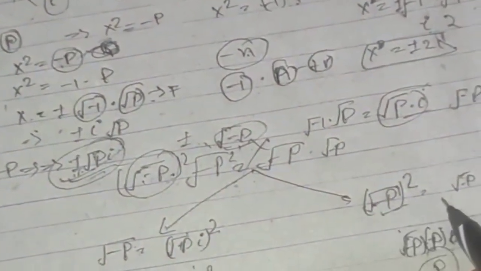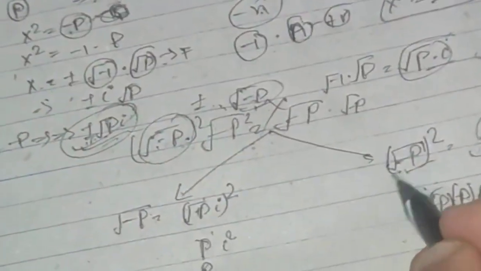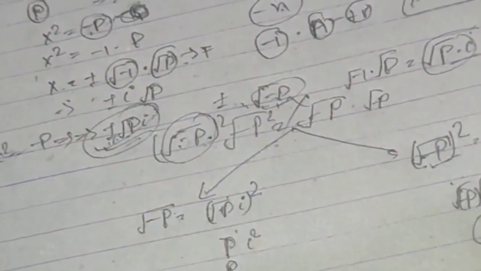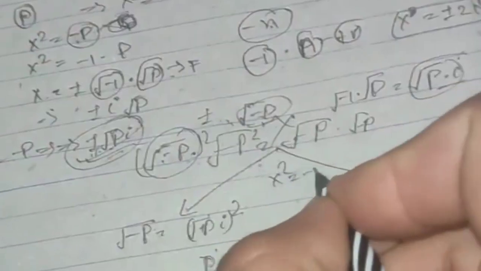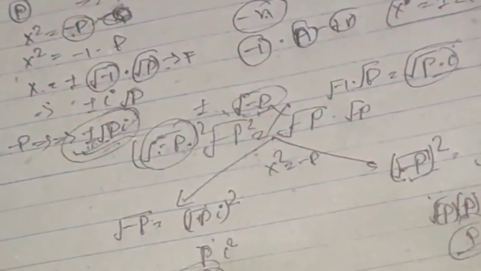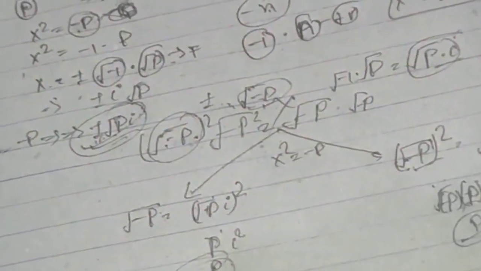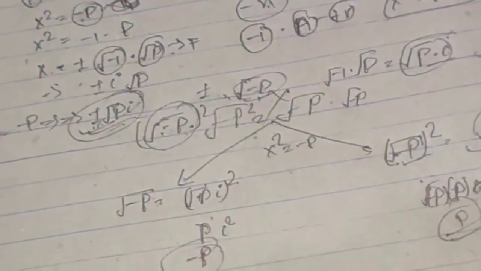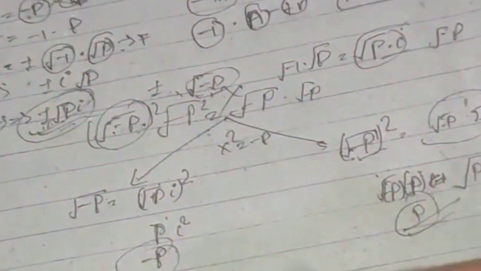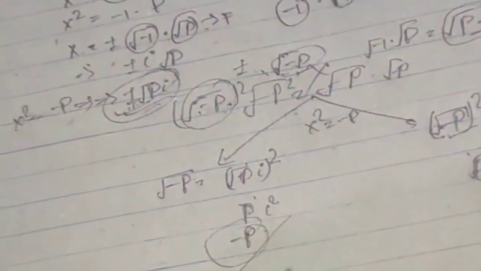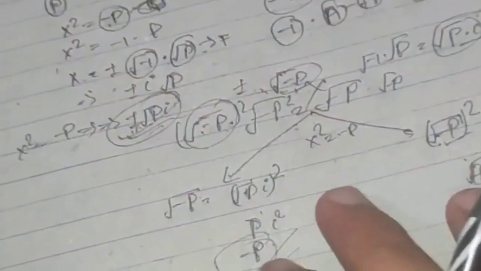If we take the square of minus of under root p, it becomes positive p. But in our question, x is equal to minus of p. So when we take the square, it does not give the original answer. That is the error, and to solve this error we use iota. This is correct and the other is wrong. That's why we use iota.